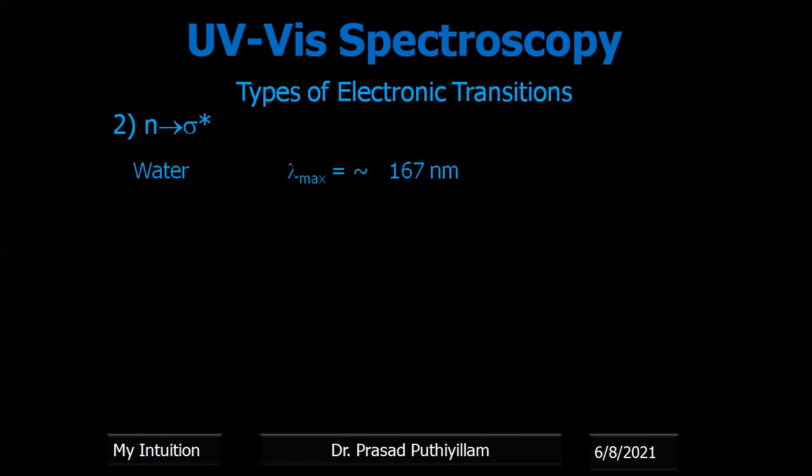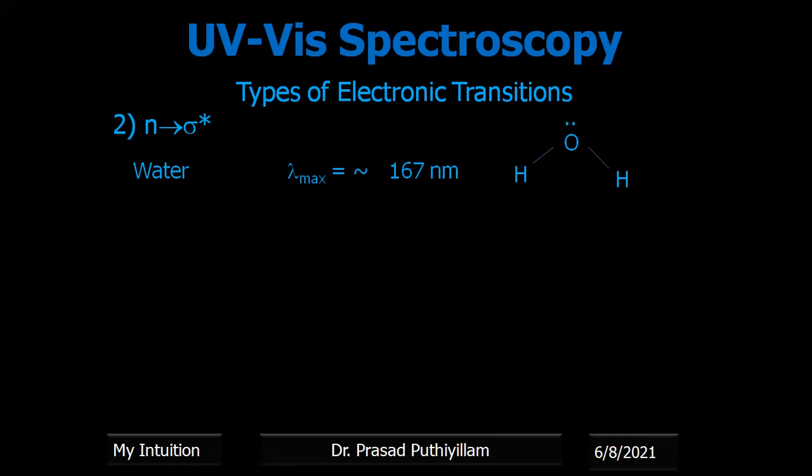For example, the water molecule has an absorption maximum of about 167 nanometers. I'm not giving the exact value because it varies with the quality of the water as well as the instrument we use, so roughly 167 nanometers. It absorbs far ultraviolet radiation.